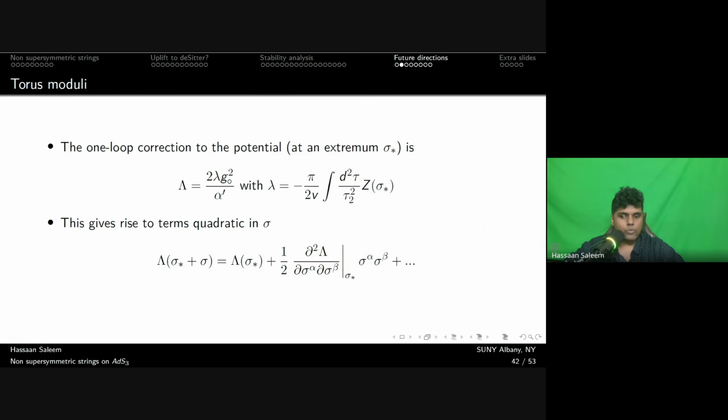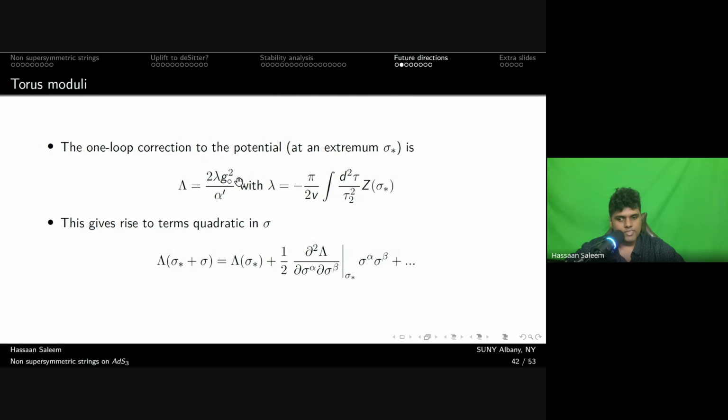Another thing is that in this whole talk, I haven't talked about torus moduli. I have talked about the perturbations that I introduced, but what about torus moduli? We haven't studied them, but one thing that I can mention is that the potential for torus moduli is generated because this one loop correction is dependent on the torus moduli.